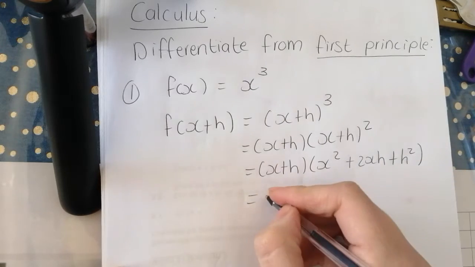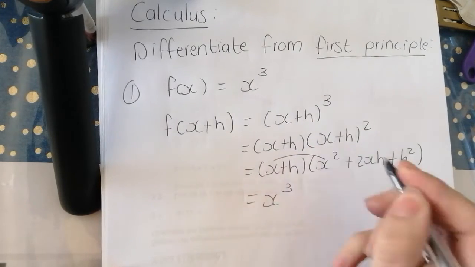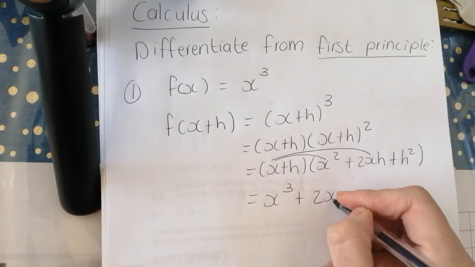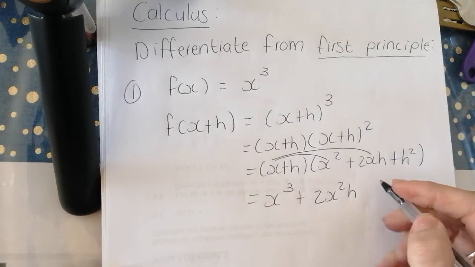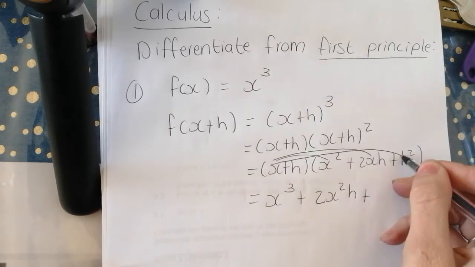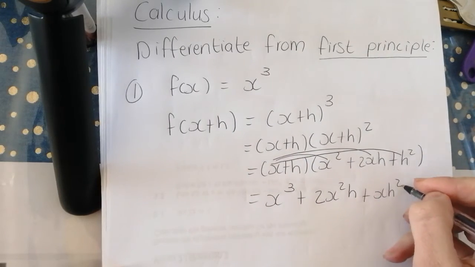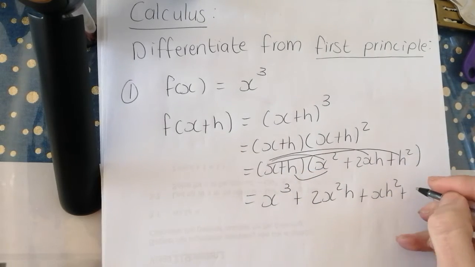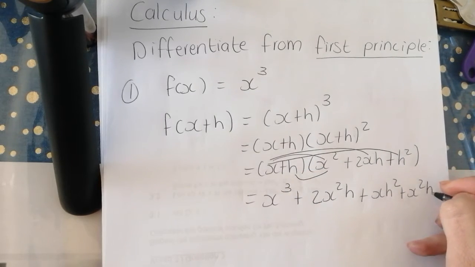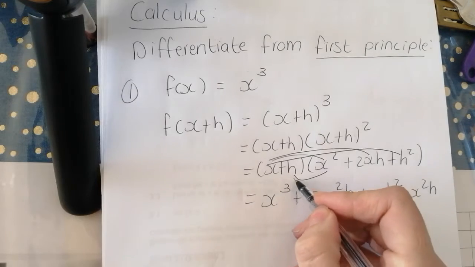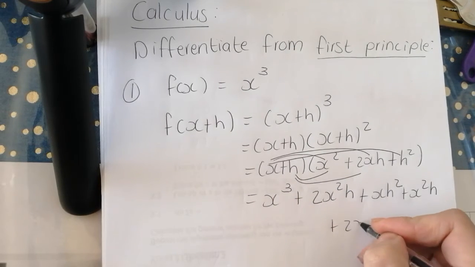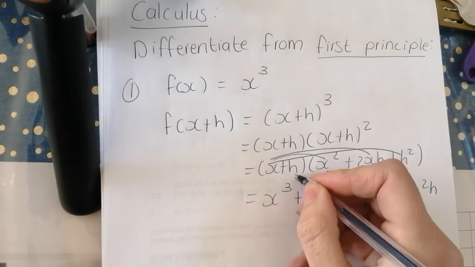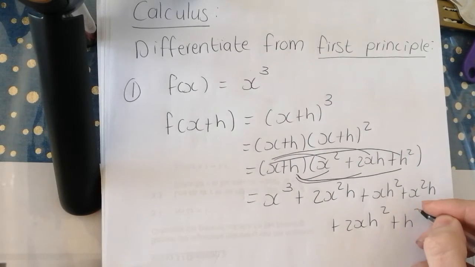So this is then x cubed plus 2x squared h plus xh squared. Now we have to times the h in, plus x squared h plus 2xh squared, and then we say plus h cubed.